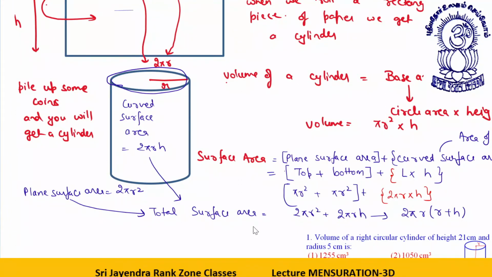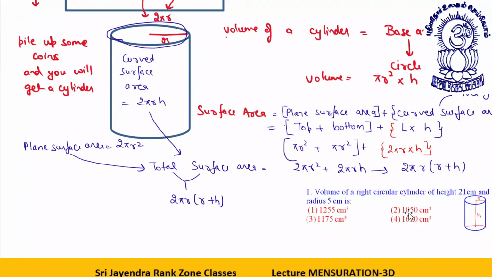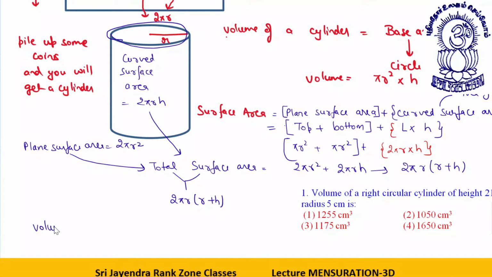Now let's start with the question. It will be an easy one initially. Volume of a right circular cylinder of height 21 centimeter and base radius 5 centimeter. What is the volume of cylinder?